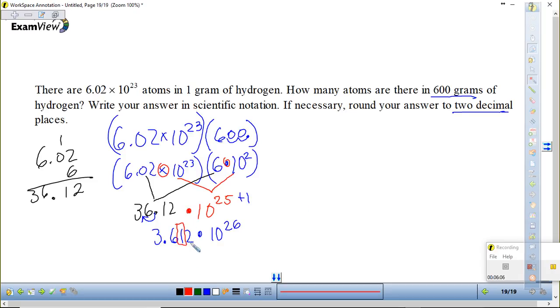The 1. This one, since it's not 5 or greater, it stays a 1, right? So this is 3.61 times 10 to the 26. And that's atoms in 600 grams of hydrogen.